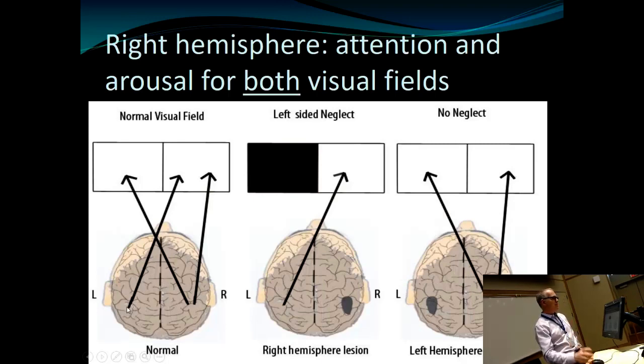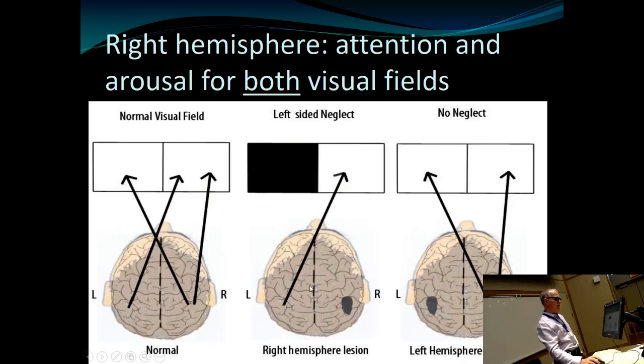We're talking about attention and arousal for visual space. The left hemisphere maintains attention and arousal for the right visual field. But notice the right hemisphere maintains attention and arousal for both visual fields, both the left and also the right.